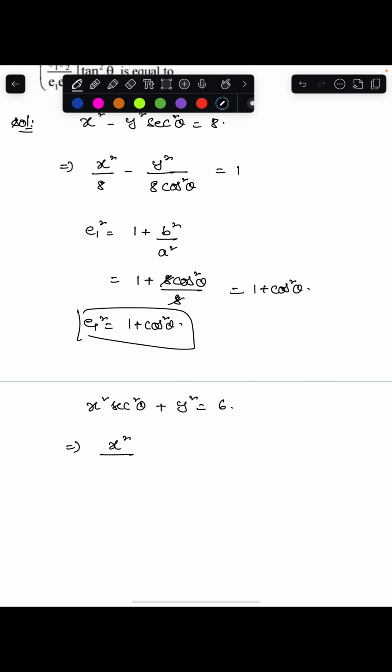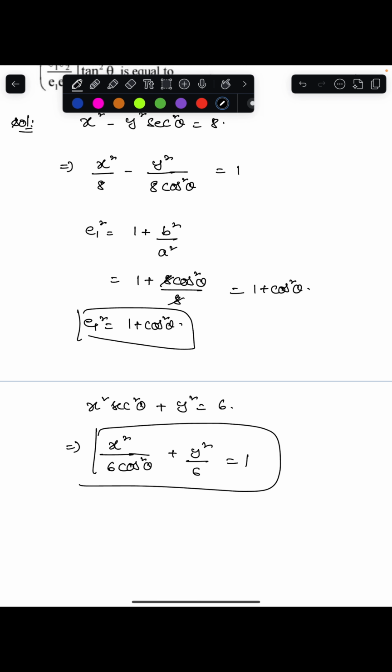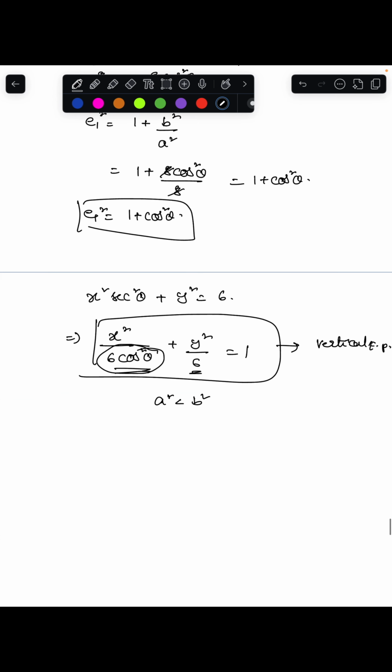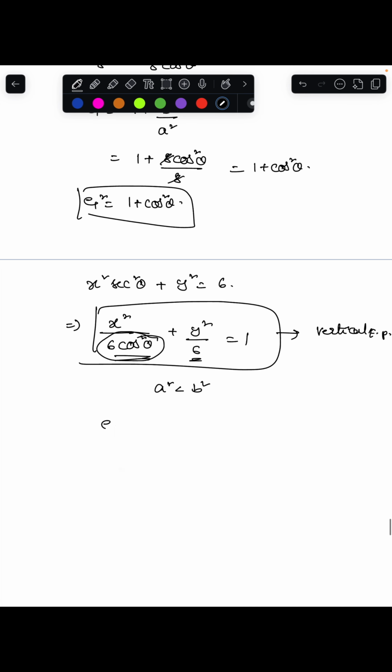So x square by 6 cos square theta plus y square by 6 equals 1. So it's clearly a vertical ellipse. How can we say vertical ellipse? It's not a horizontal ellipse because here a square is less than b square, because 6 cos square theta is obviously less than 6. So now I can calculate e2 square as 1 minus a square by b square.